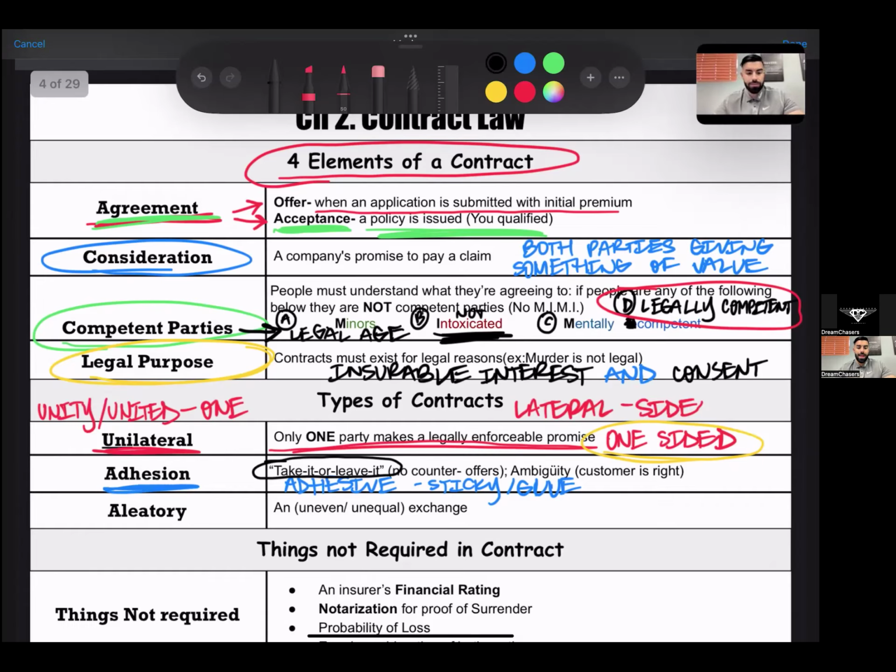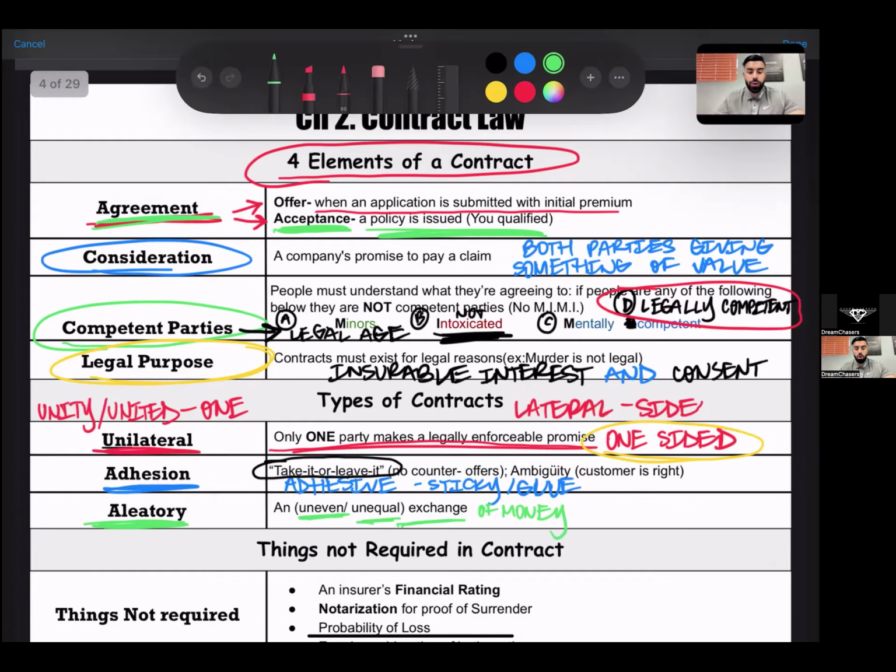Okay. Now, next is an aleatory contract. So, an aleatory contract is a type of contract where there will always be an uneven or unequal exchange. So every single life insurance contract is considered an aleatory contract.